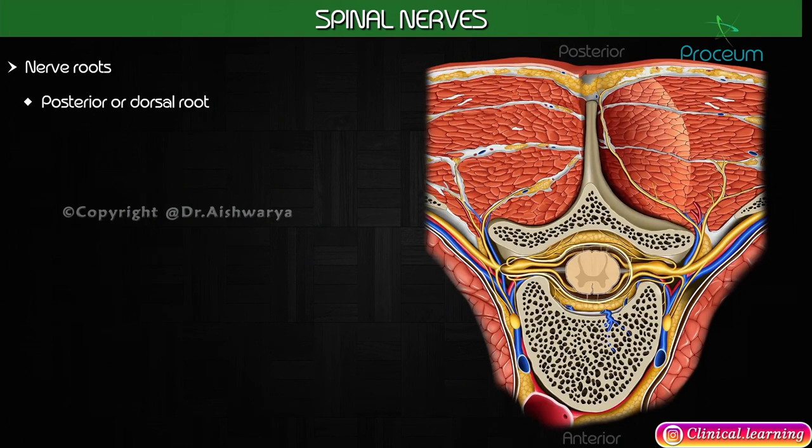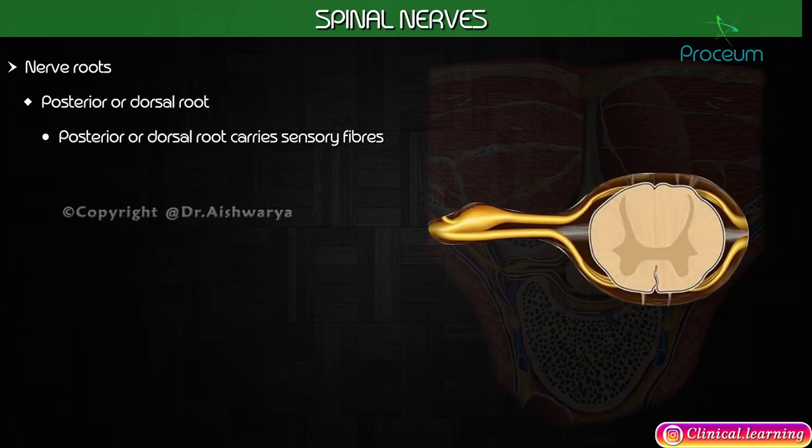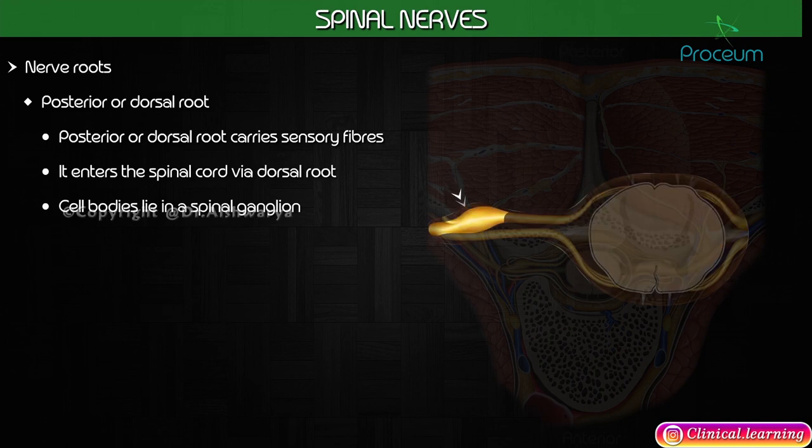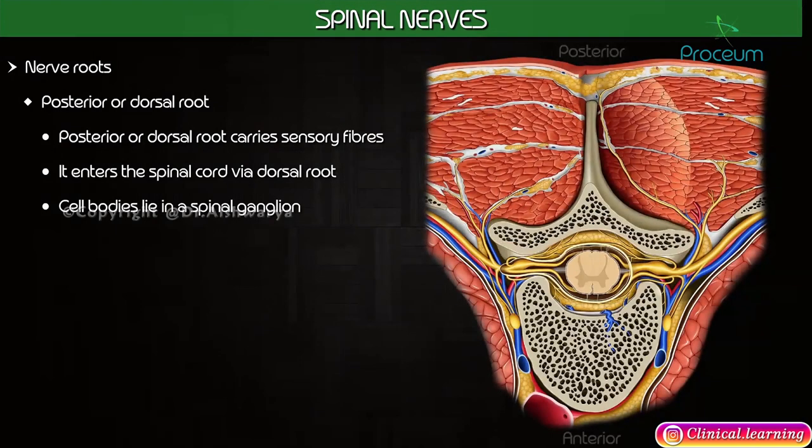Next is the posterior or dorsal root. The posterior or dorsal root carries sensory fibers, and it enters the spinal cord by the dorsal root. Its cell bodies are present in the spinal ganglion, and this spinal ganglion is formed outside the spinal cord.